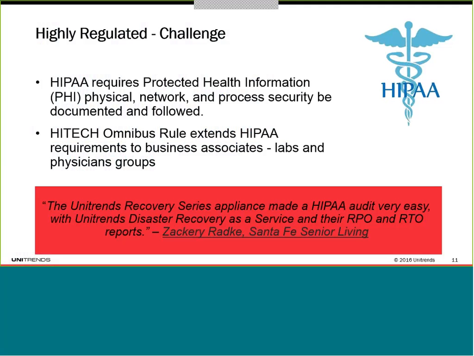This is a U.S. law designed to provide privacy standards to protect patients' medical records and health information. And this is applicable to health plans, doctors, hospitals, and other healthcare providers. Now, prior to HIPAA, there was really no generally accepted set of security standards, but HIPAA now has mandated how they should be enacted.